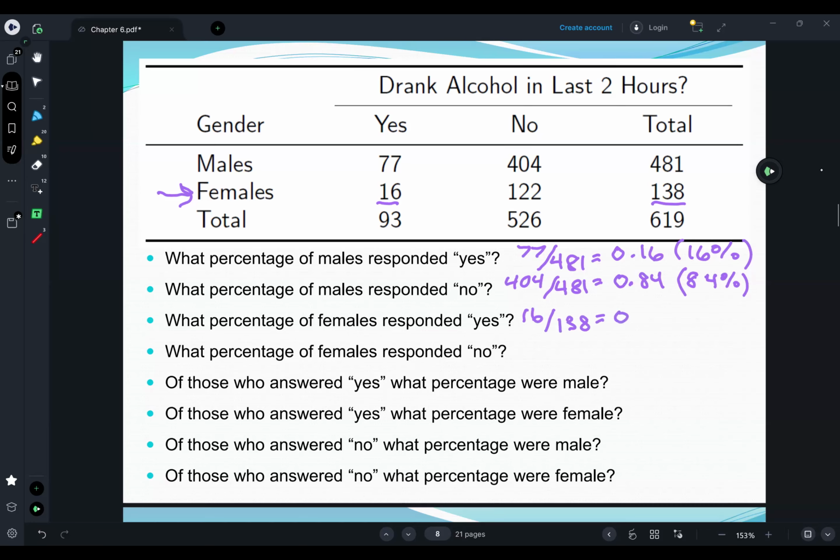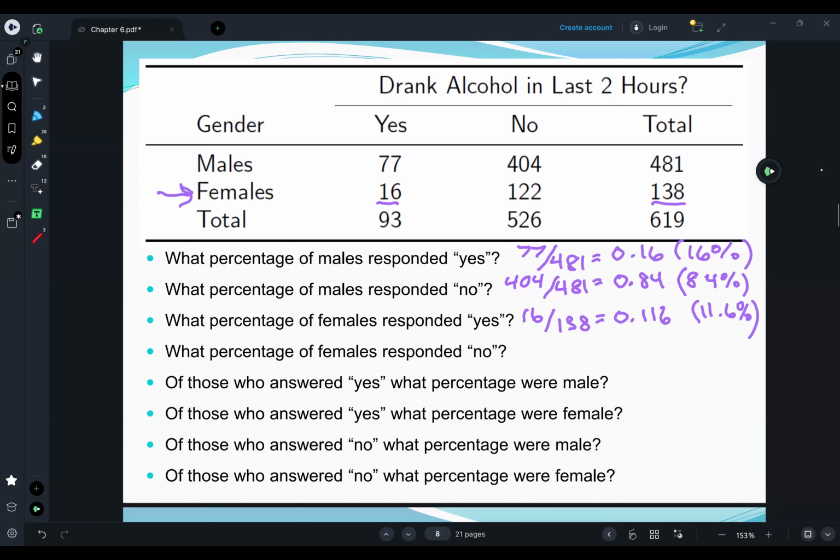You should have your calculator, and just try those quickly. I'll get mine ready too, just to make sure for accuracy. And that ends up being 11.6%.